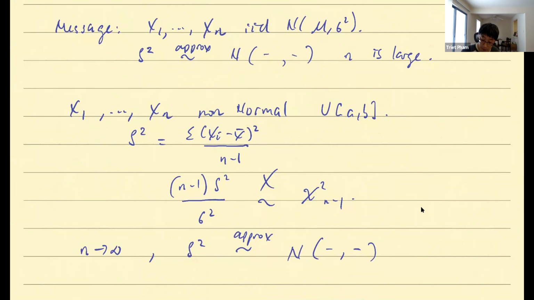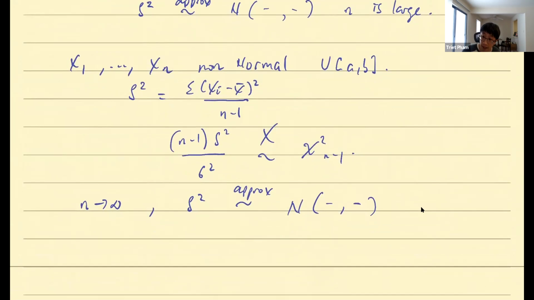What structure is it? The structure of the identity that we just talked about. The identity was the sum of (xi minus mu) squared equals the sum of (xi minus x bar) squared plus n times (x bar minus mu) squared.